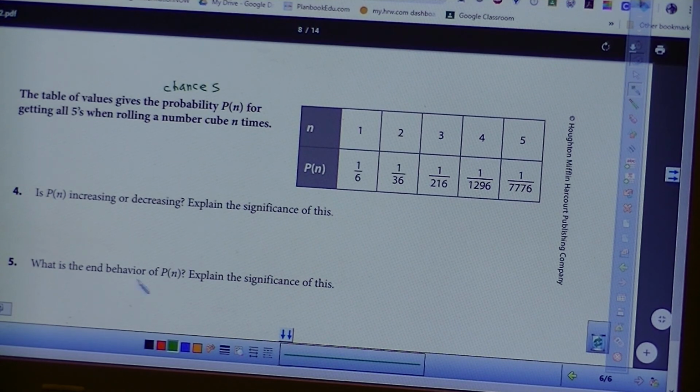Now this says the end behavior of this guy right here. So the idea is this: if we keep on going, this is going to keep on doing the pattern it was doing, but will it ever cross over? Even though it may be getting smaller, will it ever go negative? No. So this is very, very similar to section 1, number 7 of the homework, right?